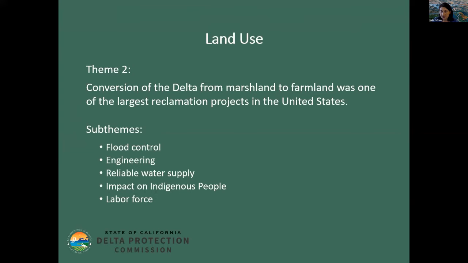This one talks about the history of that conversion from marshland to farmland and the reclamation projects, but also the effects of that. Who built the levees? Who engineered the bridges and the waterway systems? And what were the reasons, and why?